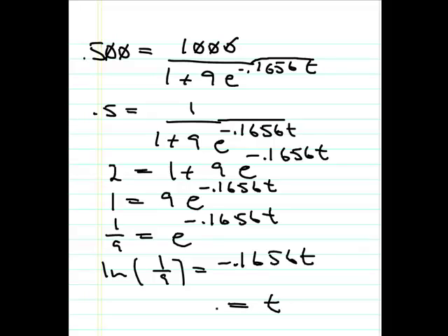So t is going to equal the natural log of 1/9 divided by negative 0.1656. We plug that value in the calculator. We get t is equal to 13.2, which is approximately 13 years.